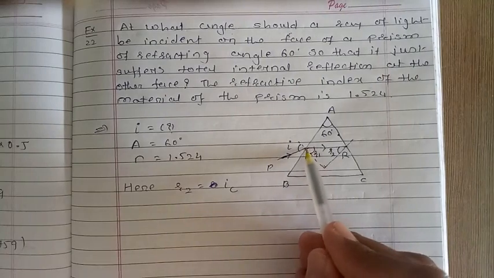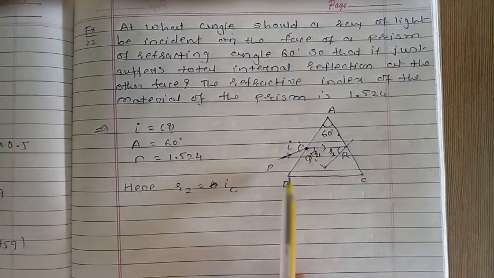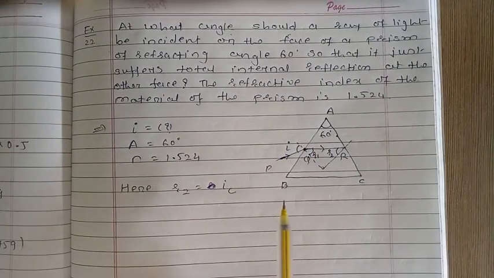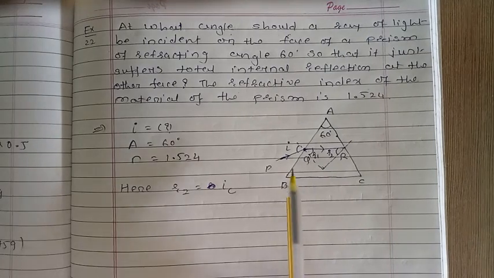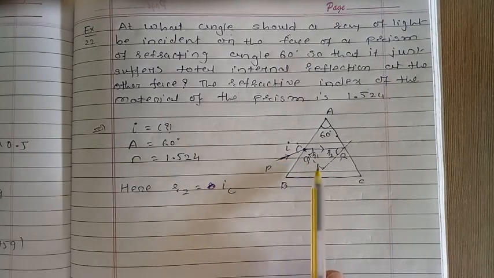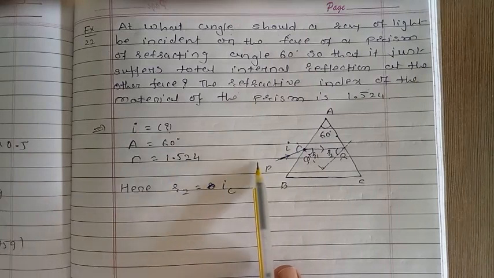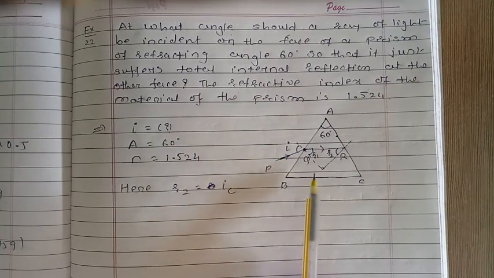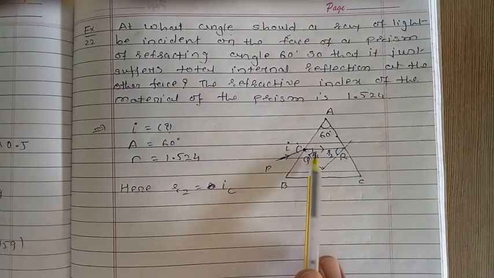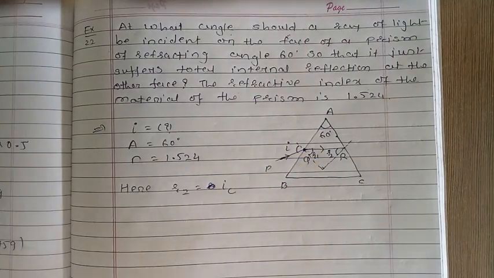So at point Q we apply Snell's law: n1 sin theta 1 is equal to n2 sin theta 2. Theta 1 is I and theta 2 is R1, so n1 sin I is equal to n2 sin R1. To find I, we have to find the value of R1.